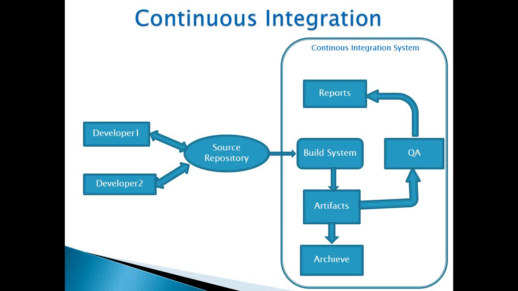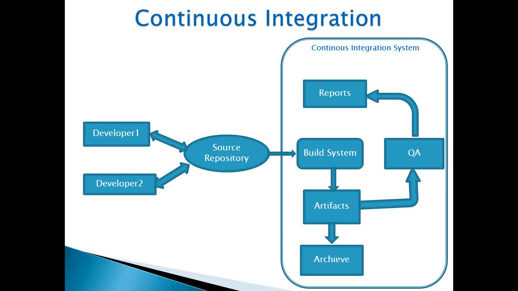Let's say we have multiple developers working on one project. They are developing the code and they have committed their code to the source code repository. We have created some jobs in the build system, in the Jenkins system. The build system will take the source code from the repository, build it and generate the artifacts.